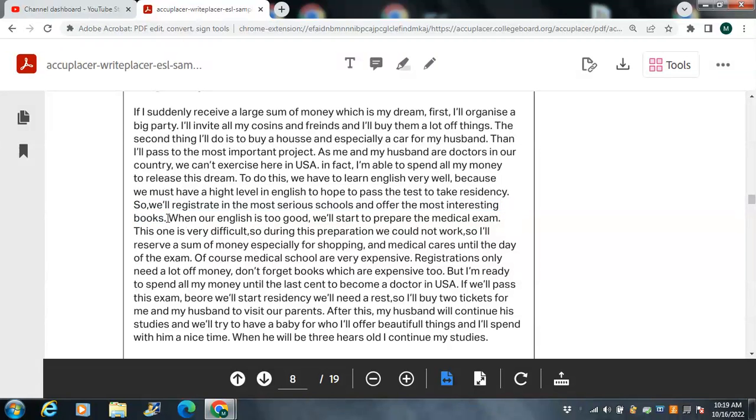Definitely a little bit difficult to understand here because I assume, let's say they meant register. So we'll register in the most serious schools. And so obviously this means like the most advanced schools or scholarly schools. In the United States, a serious school, that translation is a bit off, and it's awkward.